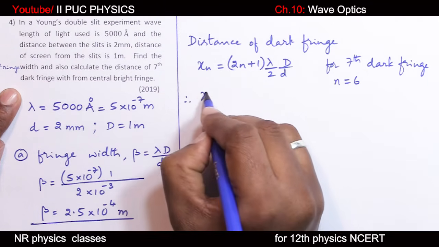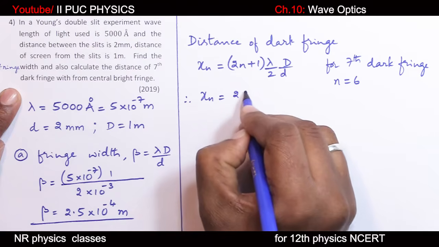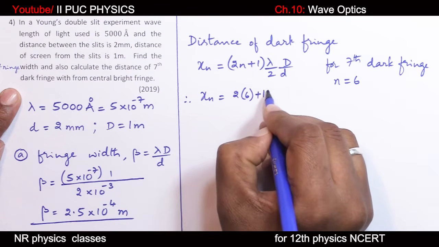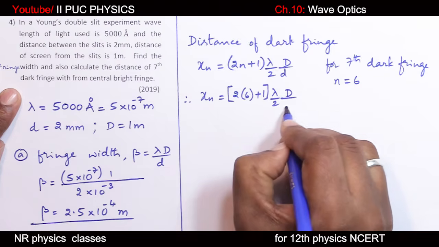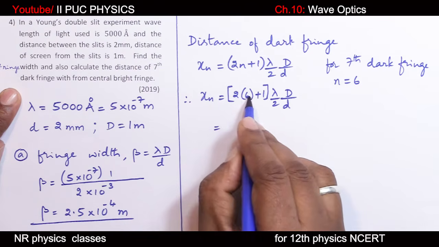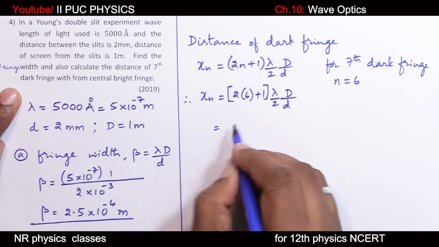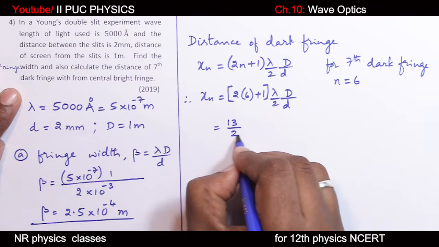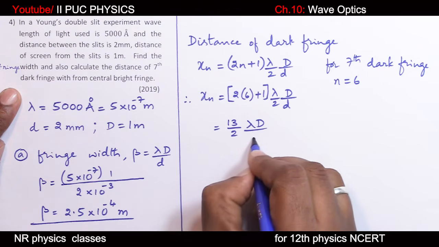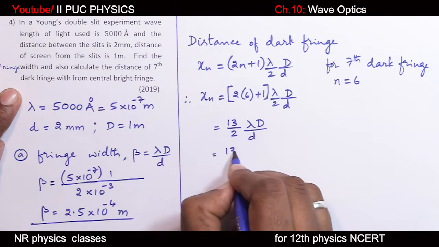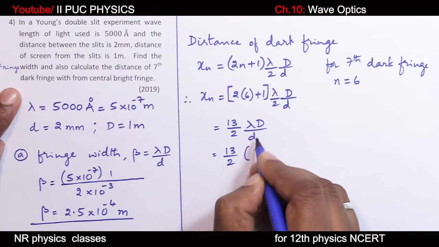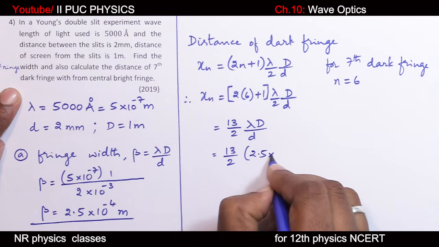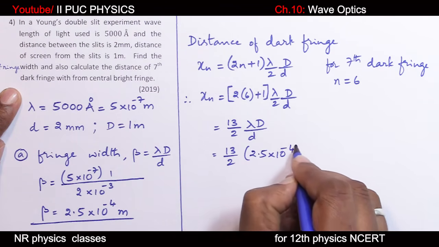Therefore, 2 into 6 is 12 plus 1 is 13, so 13 by 2 lambda capital D by small d. But we already calculated lambda D by d, which is nothing but the fringe width, 2.5 into 10 power minus 4.